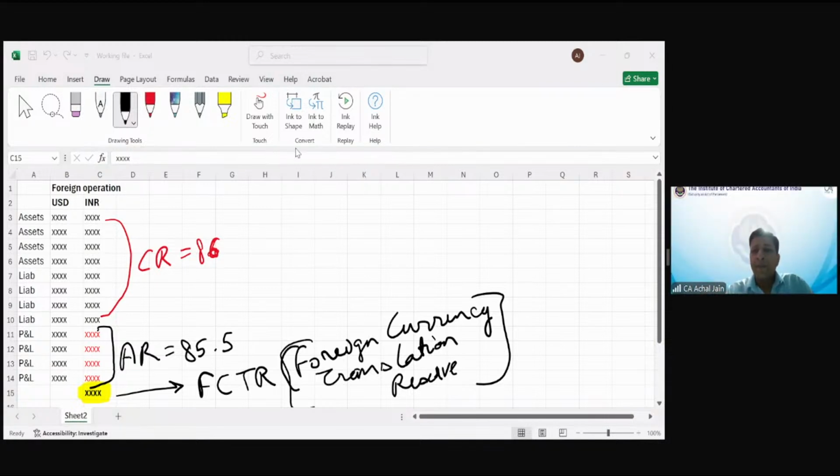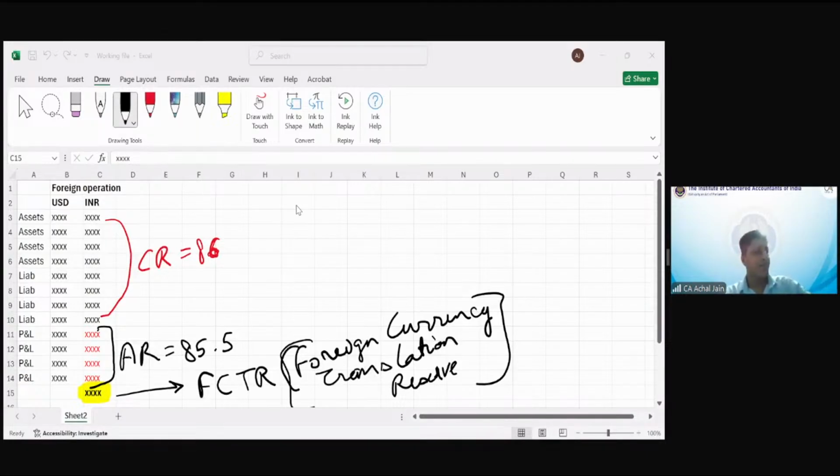Clear on this? So this difference that you get is called foreign currency translation reserve. Everyone clear?